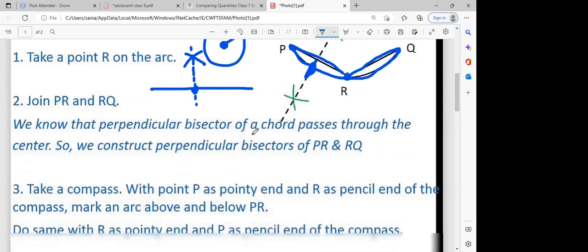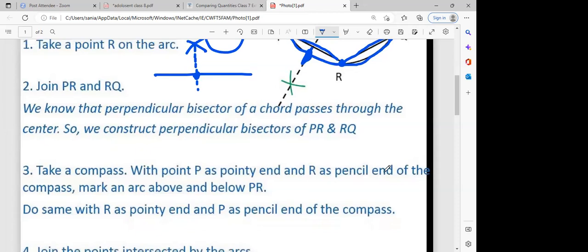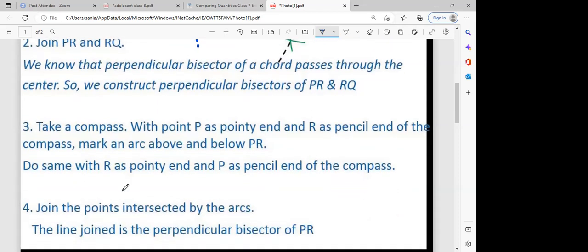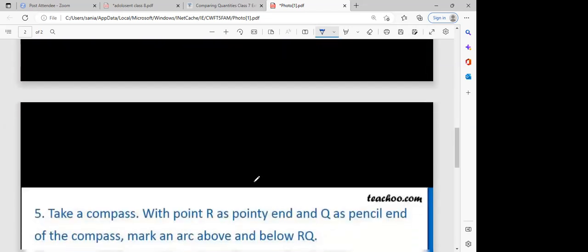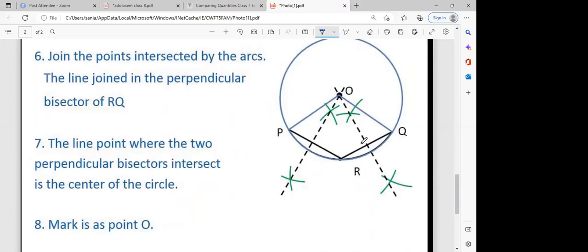This is a new one. Take a compass with the point end at P and R as the pencil end of the compass. Mark an arc. Then draw with R as the point end and P as the pencil end of the compass. Join the points intersected by the arcs, which gives the perpendicular bisector of PR. Okay, now this is what you did. Now again you are going to take this RQ and draw the perpendicular bisector of this.